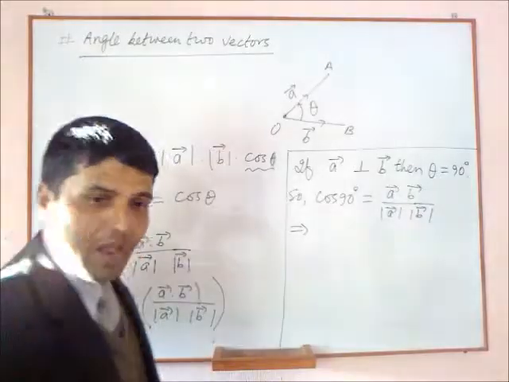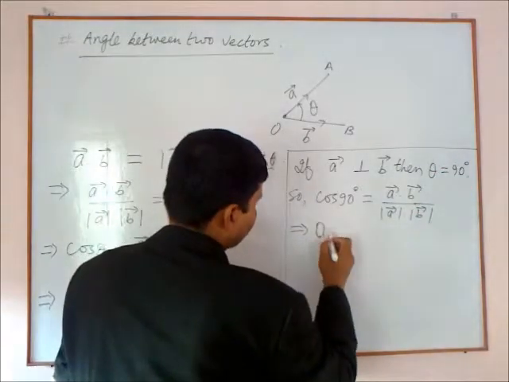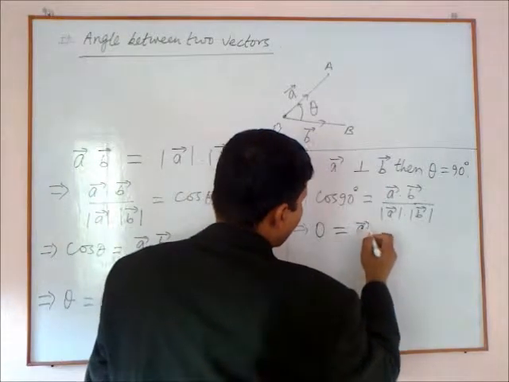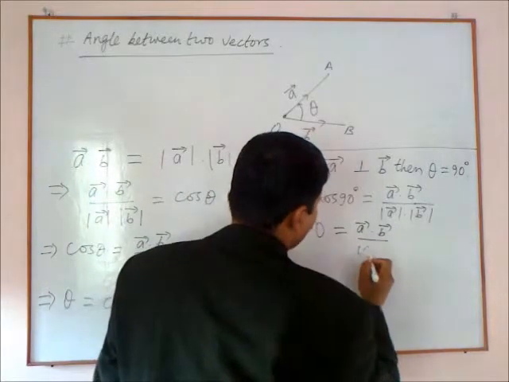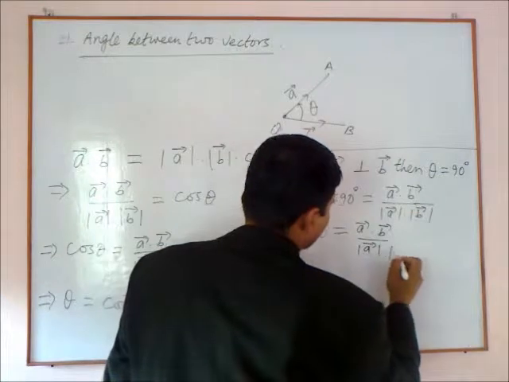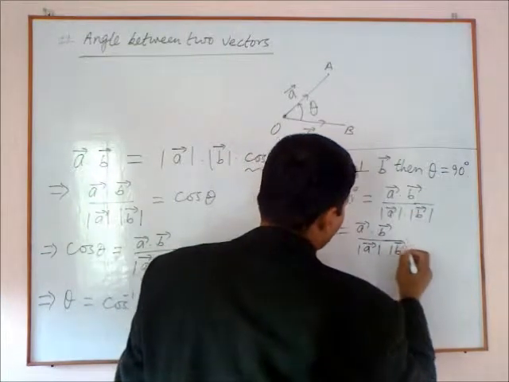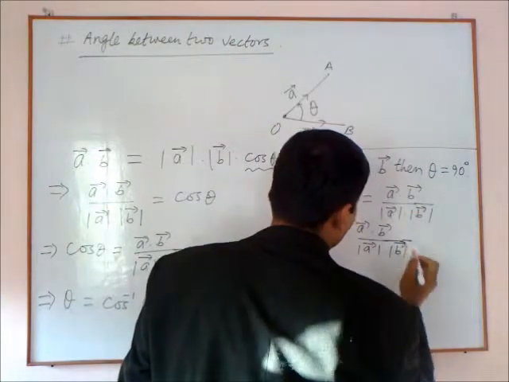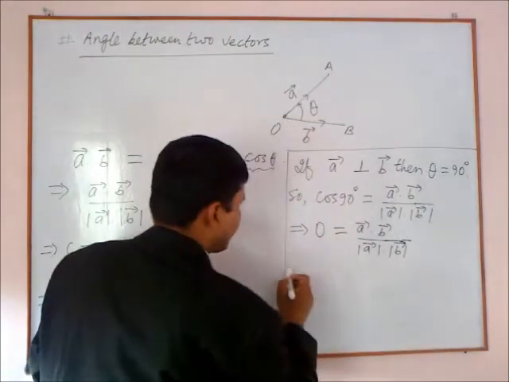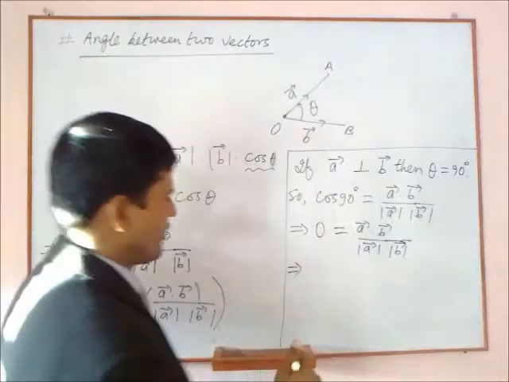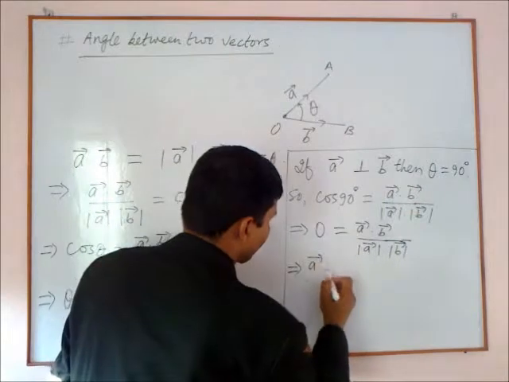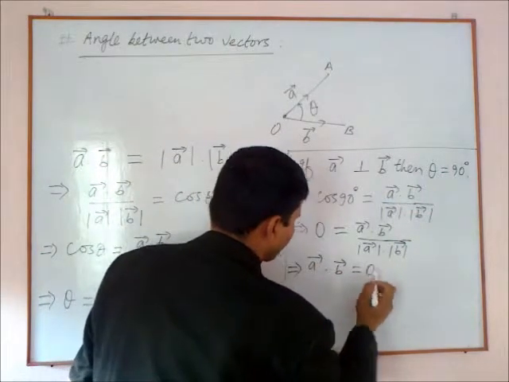Cos 90 degrees value is 0 equals A dot B divided by mod A times mod B. This means when we cross multiply, we get A dot B equals 0.